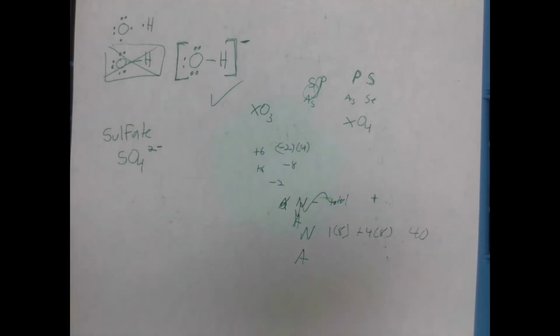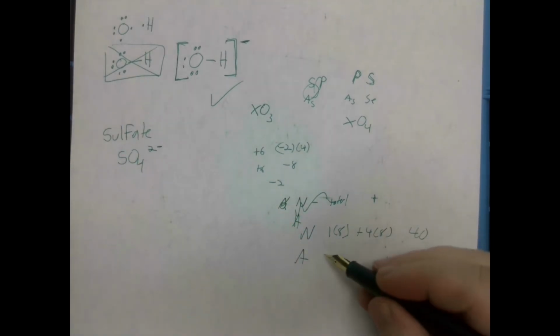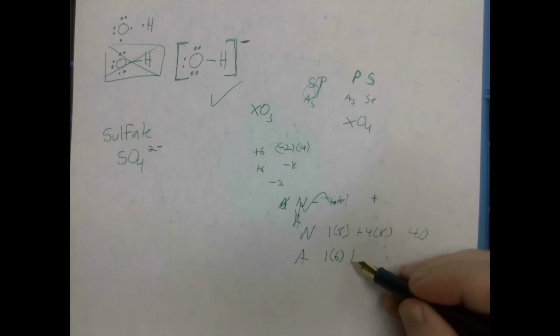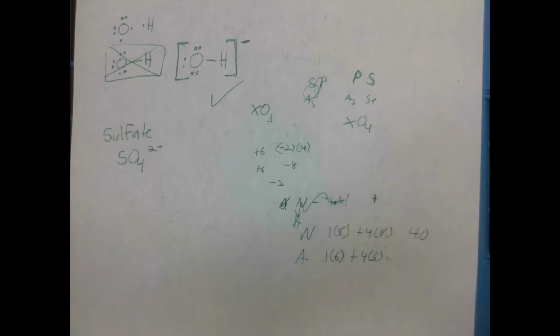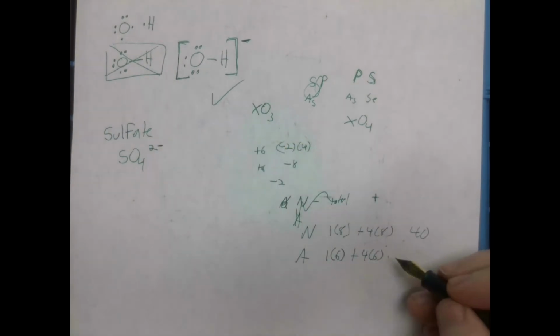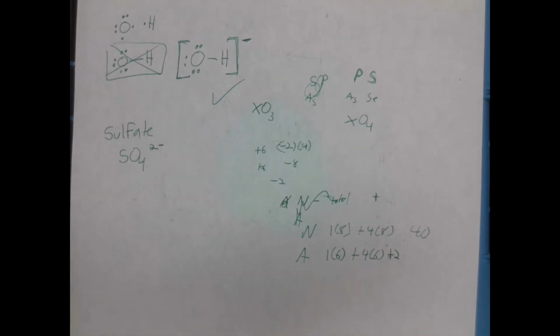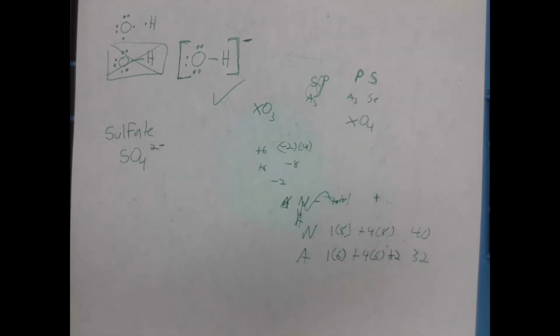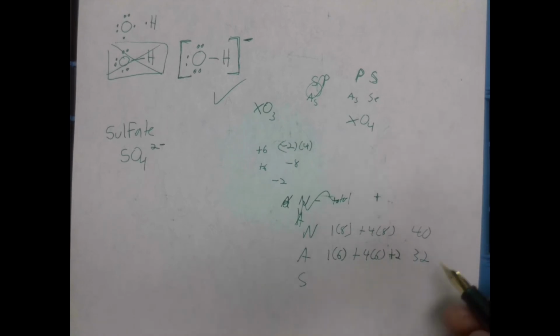Well, sulfur has 6 valence. Oxygen has 6 valence. So that's 30. But we also have a random 2 electrons in here. So 32. So thus the amount shared is 8, so the total number of bonds will be equal to 8 divided by 2.